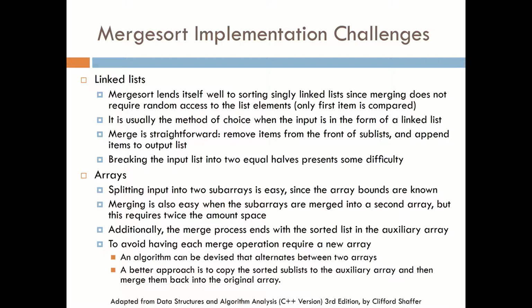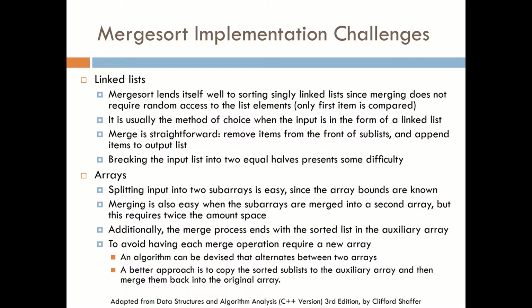But breaking up the list into 2 equal halves presents some difficulty. And so usually this is a linked list that ends up maintaining a count of how many nodes it holds. And then as we go through the process, we can just count half of that and put that in the left list, and the rest of it is in the right list, and we can continue from there.